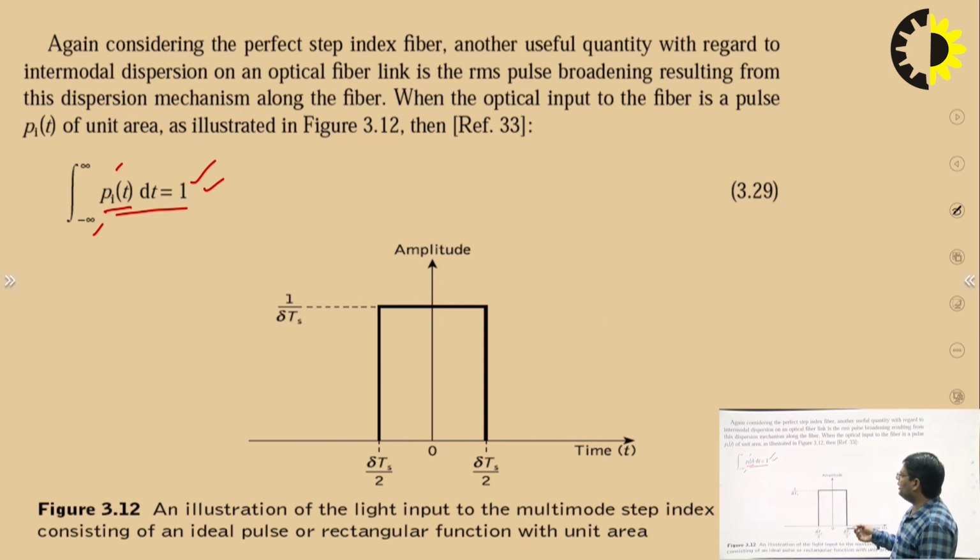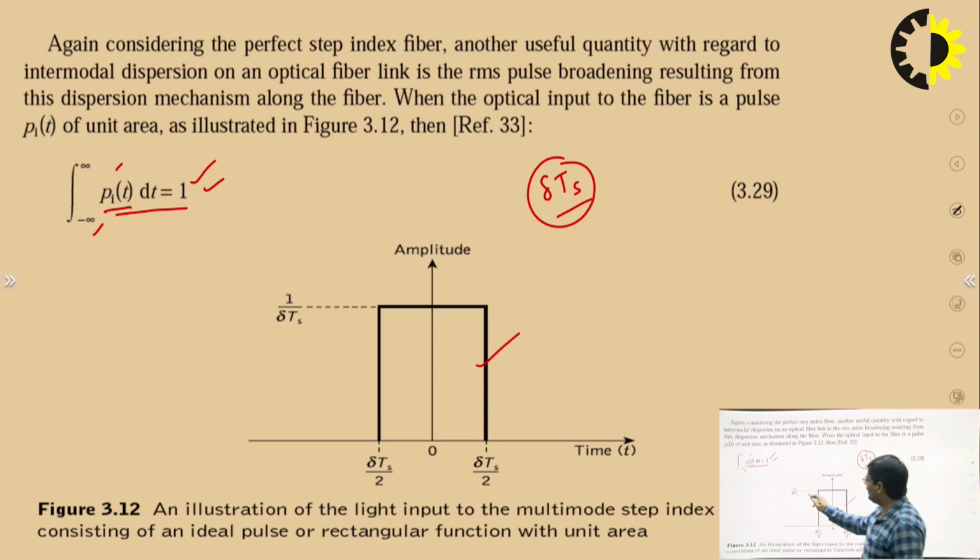Now we have to calculate the pulse broadening corresponding to the input pulse, that is the propagation delay difference between the two modes. So the pulse with unit area can be represented like this, as a rectangular pulse with this magnitude and this duration.